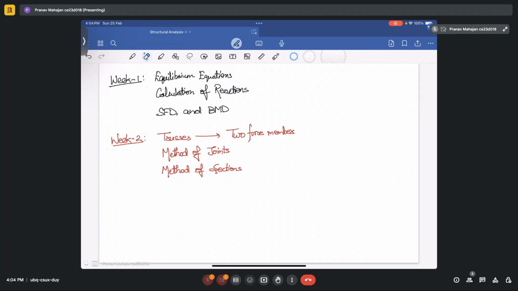in week 3, we have moved to calculation of deflection in trusses. How have we done that? Using unit load method and principle of virtual work.